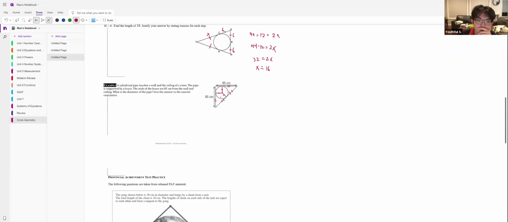So this is a square, no? You can kind of tell that I don't really know what I'm doing, but this is a square. Since this is 90 degrees, this is 90 degrees, this is 90 degrees, this has to be 90 degrees as well. So we have a square here, and then we have 85.